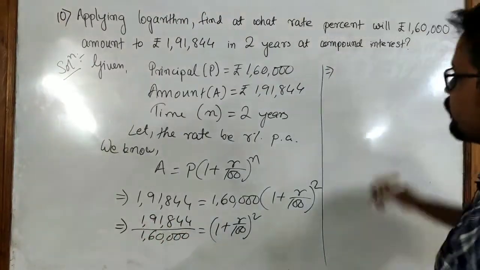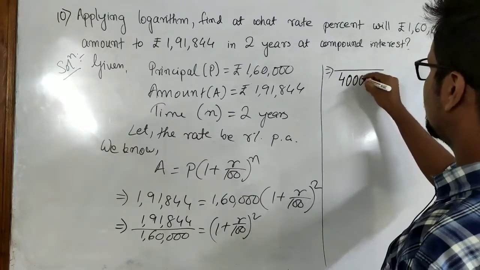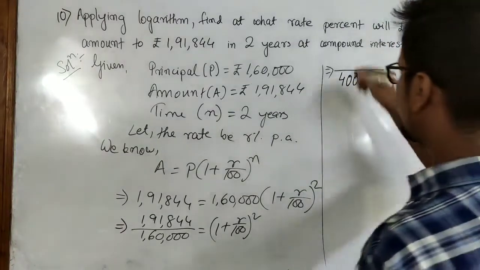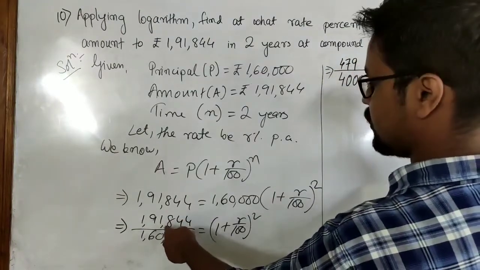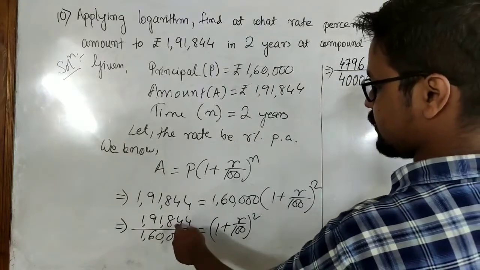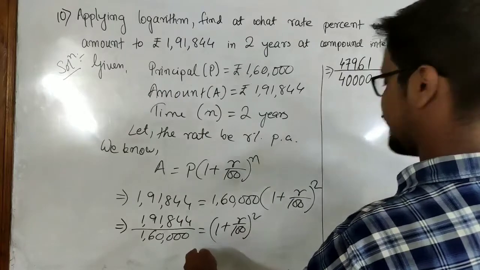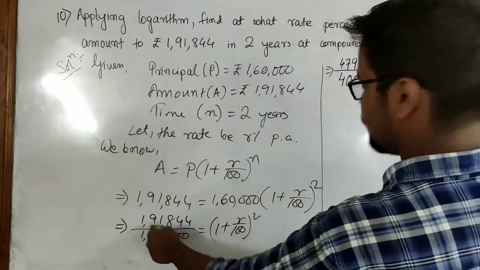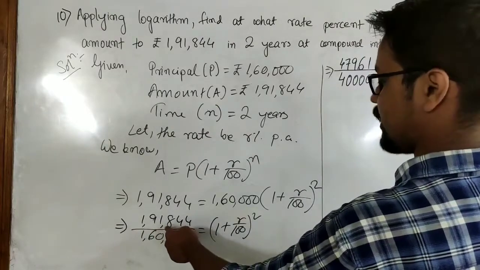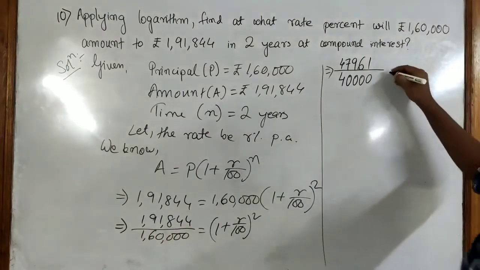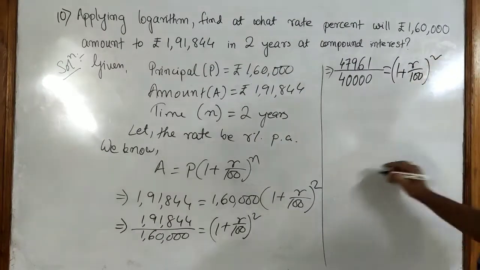If I cancel both by 4, then at the bottom I am going to have 40,000, and at the top, 4 into 4 is 16, then we have 31, so 7, we have 38, so 9, we have 24, so 6, and 1. So there we have 47,961 by 40,000 equal to (1 plus R by 100) to the power 2.